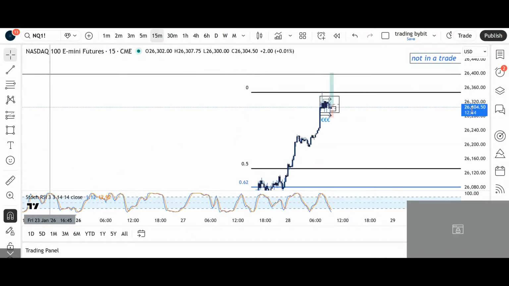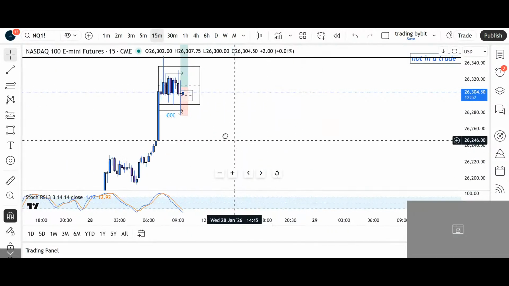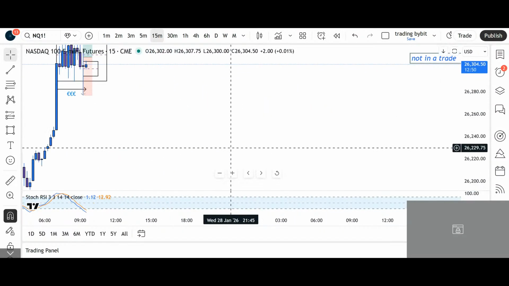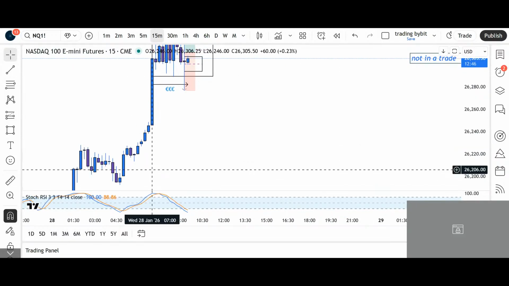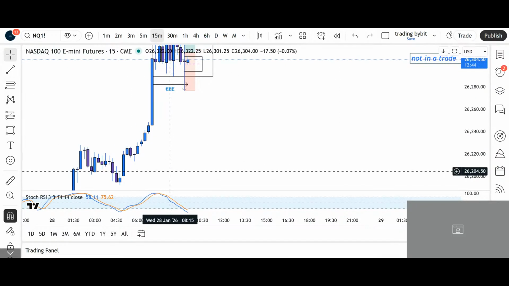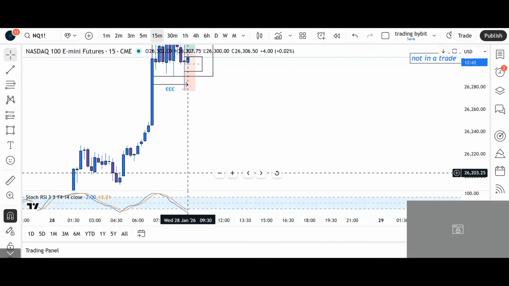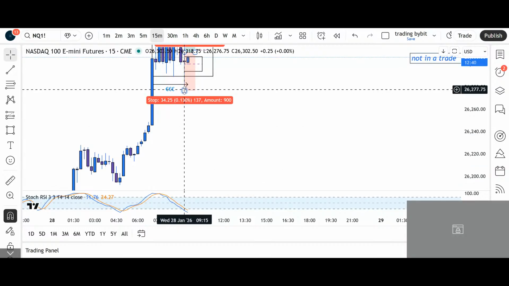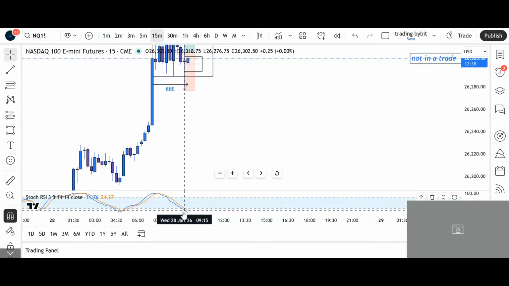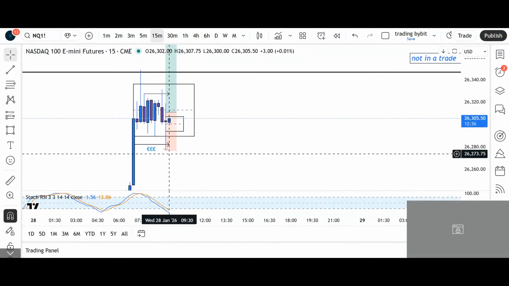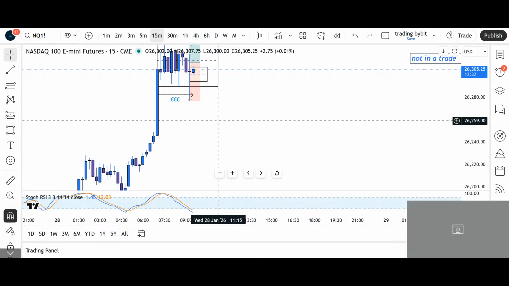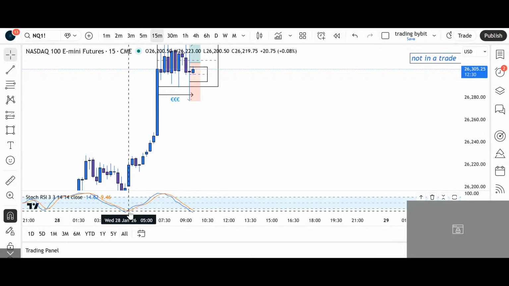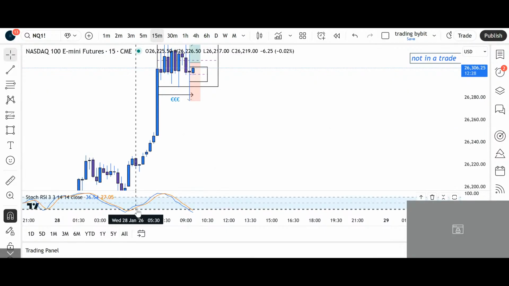If this was that simple, that would have been very easy. But you can see this was the high, and in this area it started to move down. So we had a lower part. You could have said, okay, I'm going to buy this and see what happens. We came back in, and now it's not yet shifting. Once these two lines cross each other, that means the market is shifting back to the upside.